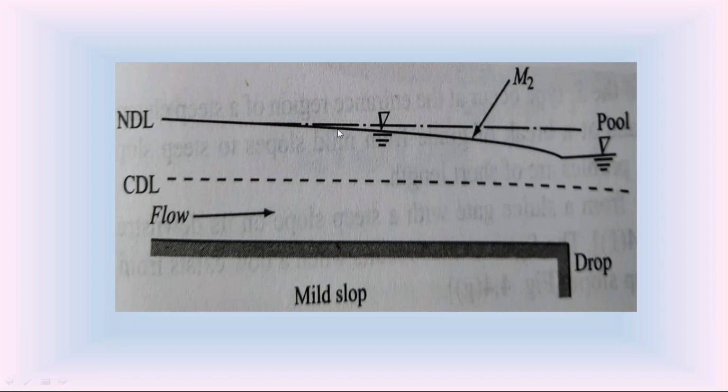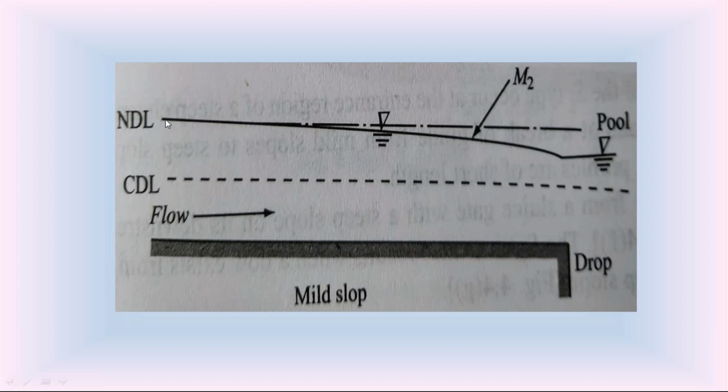The M2 water surface profile is a falling water surface profile because in zone 2, the slope dy by dx is negative. When the slope is negative, the water surface profile is a falling water surface profile. For this M2 water surface profile on the upstream side, the depth of flow y is equal to yn.